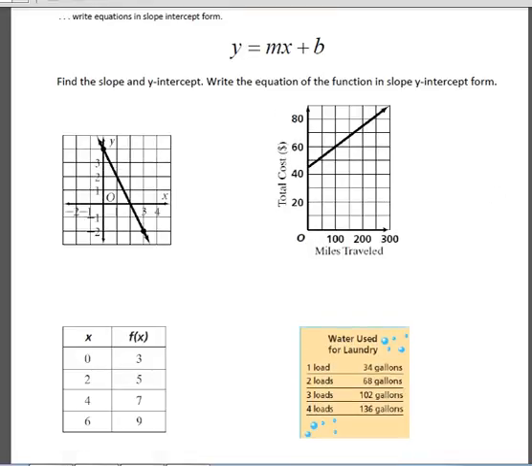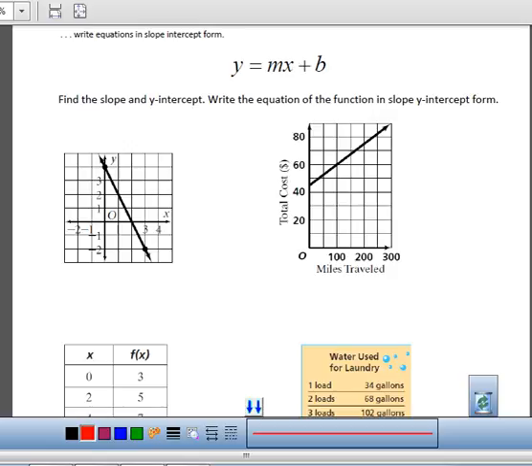Oh, by the way, let's just refresh our memory about what the different parts of the equation are. So, y is the output, or the y values. m is the slope, or the rate of change. x is the input, or just the x values.